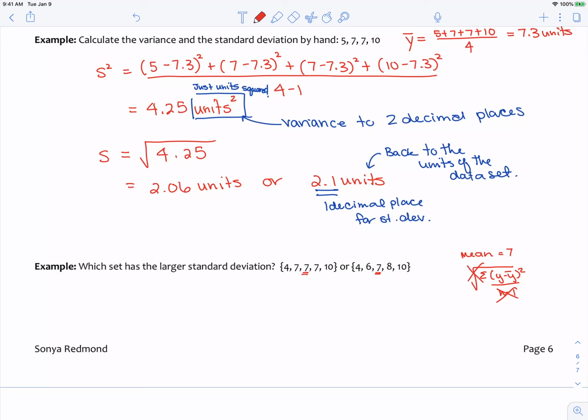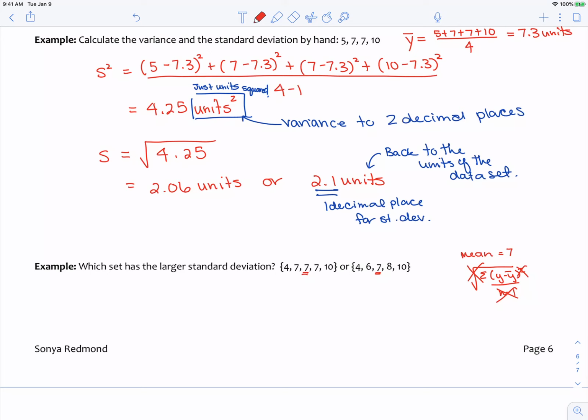So we don't need to worry about the square root in this calculation. What becomes important, and the same as the square, right? That squaring doesn't much matter. What matters is the sum of those, or looking at those differences. When you have a bigger difference between a value and the mean, that's going to lead to a larger standard deviation overall, right? And so we want to compare their differences.